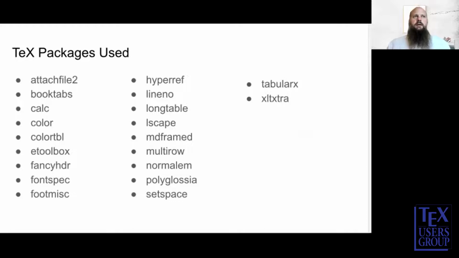Looking back, there's a package called Memoir, which is really nice and powerful. If Andy had known about that before, he said that he might have implemented that instead of some of the custom TeX commands that he developed.